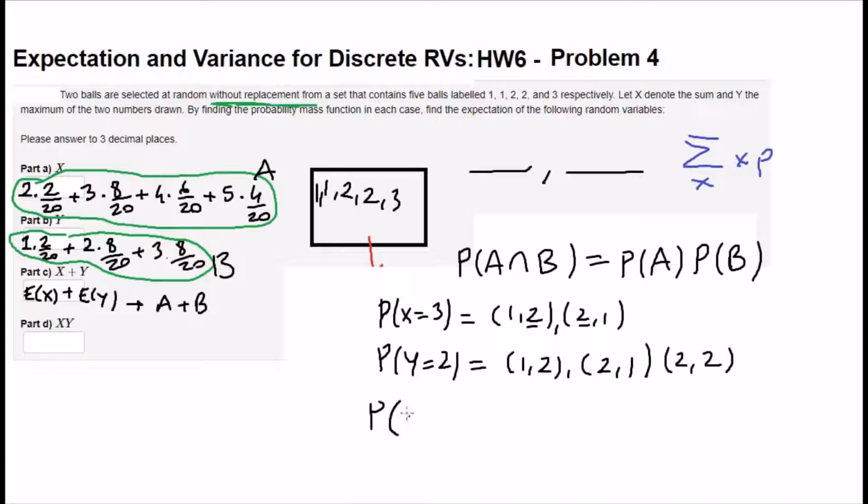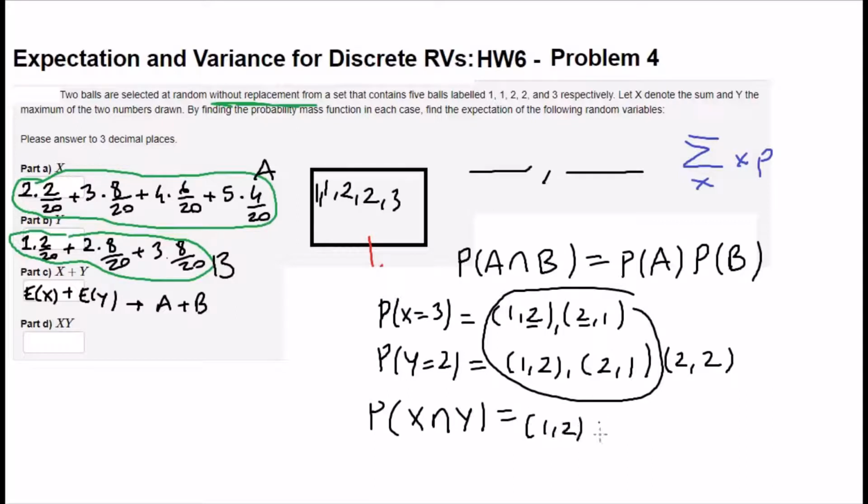And probability that x intersect y is, so only these are common, so it's (1,2) and (2,1). And probability that x is equal to 3, we computed that, it is 2/20. And probability that y is equal to 2, we computed that, it is 8/20.